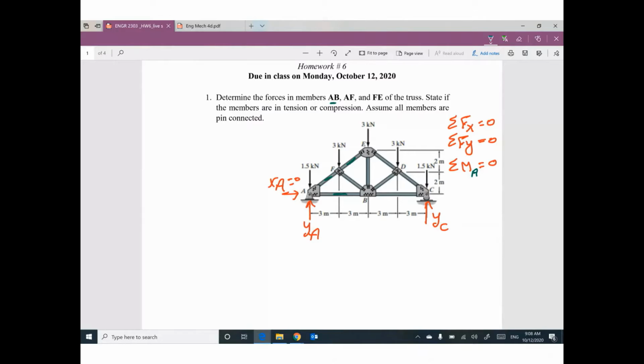So I'm going to take moment at A, because taking the moment at A will cancel XA and YA, and the 1.5, since we don't have a distance for these forces. So your reaction YC, I believe it will be 6. Okay, go back to summation Fy equals 0, YA will be 6. I am done with reactions.